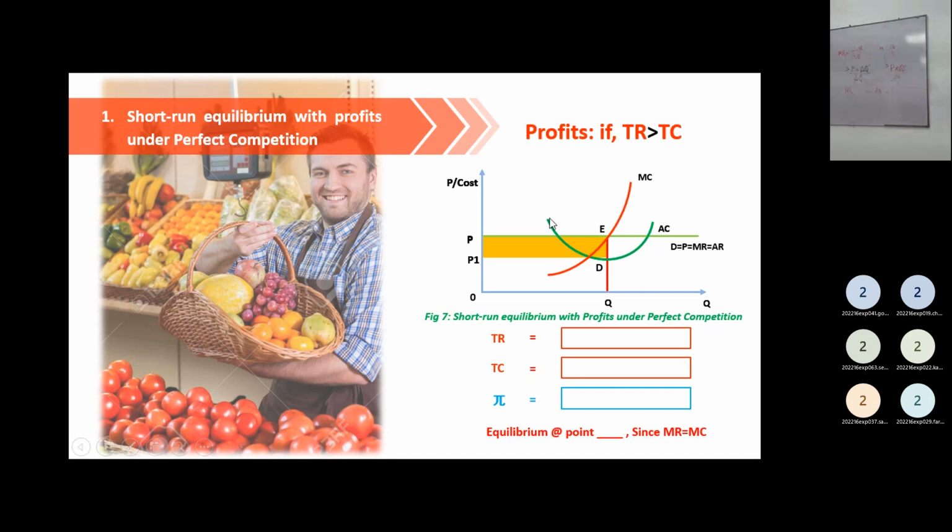And this is the behavior of your average cost curve. Why do we have these marginal cost, marginal revenue and average cost curves here? Because we are going to identify the profit maximizing output. For us to identify the profit maximizing output, we learned that there are how many approaches?